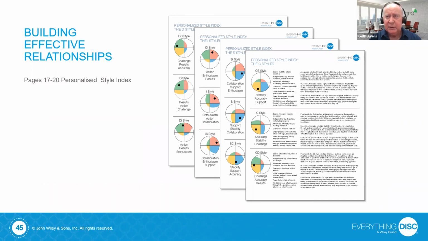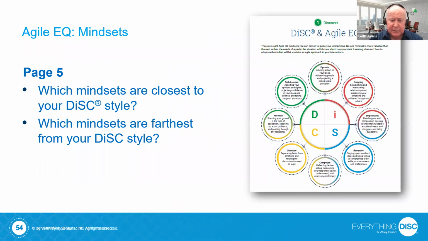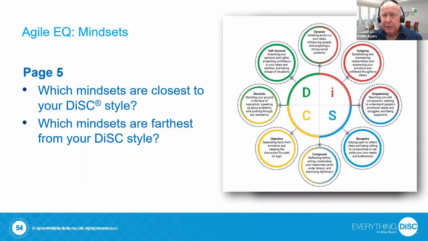So another useful activity. This is the Agile EQ model. And what you can see here is that instead of priorities in the Agile EQ profile, we have mindsets, right? And a mindset is a state of mind with which you approach situations, okay?